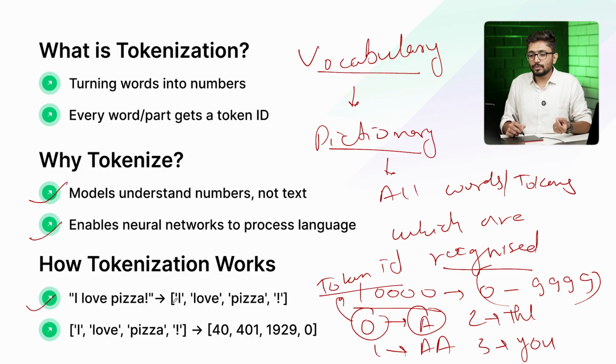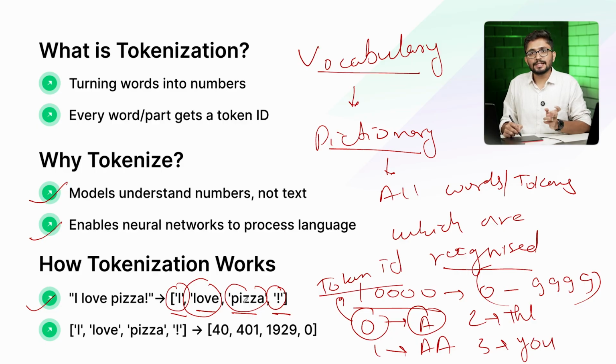What you first need to do is tokenize it, or convert it into its individual tokens. So we'll first say this entire sentence comprises these individual tokens. The first token is I, the second token is love, the third token is pizza, and the last token is an exclamation mark. So when a sentence gets tokenized, it can be divided into words, subwords, and even punctuation.